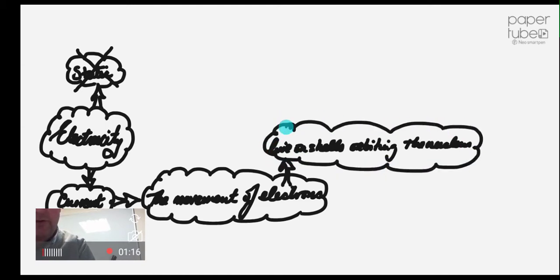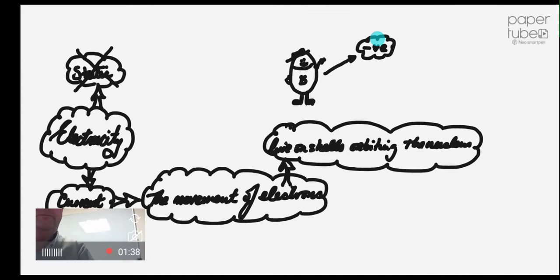These electrons are very tiny. So I think of Bertie the electron. There is old Bertie. And Bertie has a negative charge. Now it's negative compared to a proton. So the proton's positive, but Bertie's negative. And he has small mass.